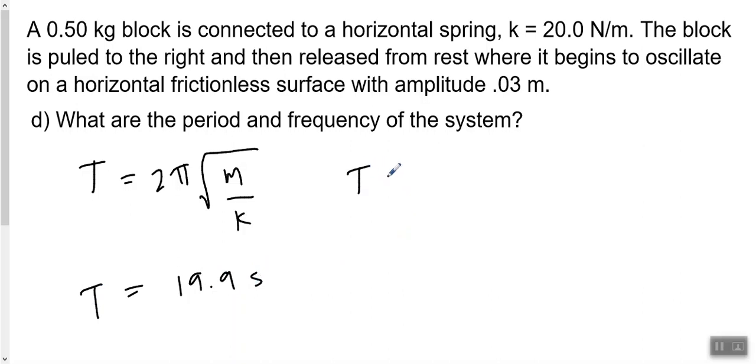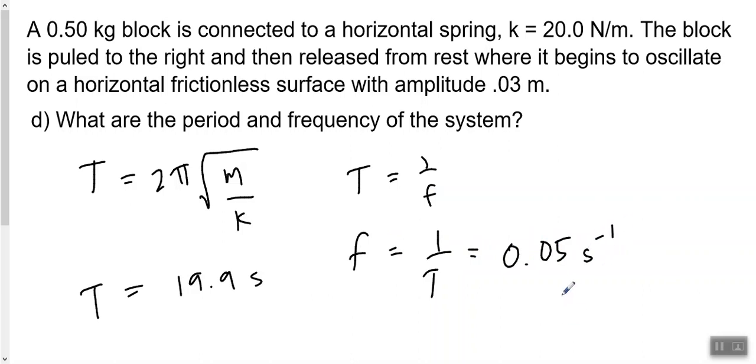And then we know that period is the reciprocal of frequency. Frequency is going to be 0.05 hertz, or vibrations per second, oscillations per second. So that pretty much sums up the energy in simple harmonic motion.